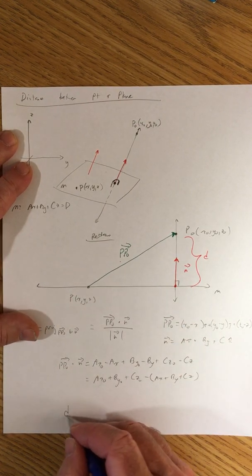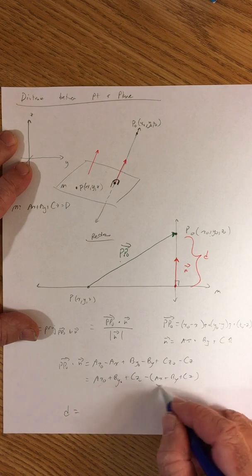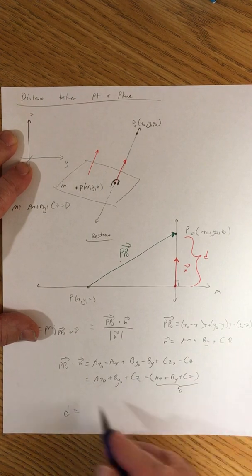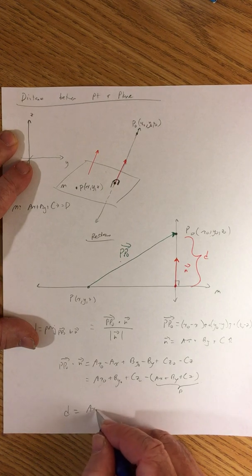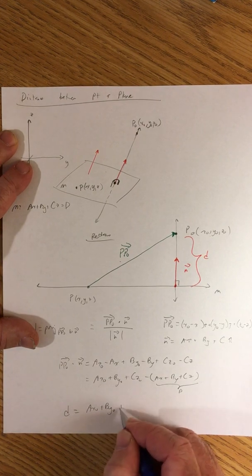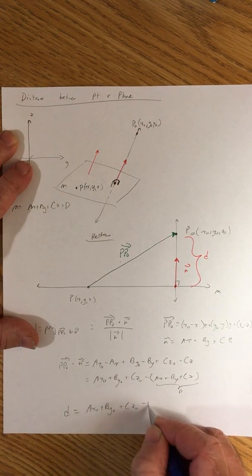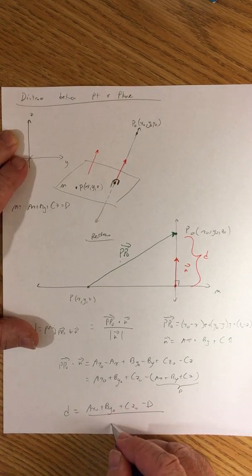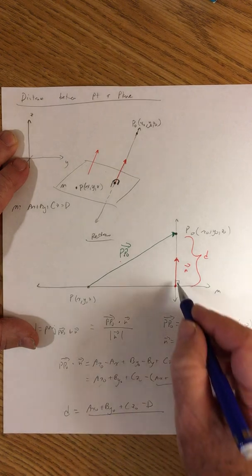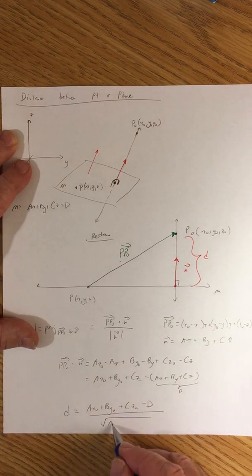So that makes this distance, now I'm going to put a little bracket there, that's d. The distance then is ax0 plus by0 plus cz0 minus d over magnitude n, which is the square root of a squared plus b squared plus c squared.